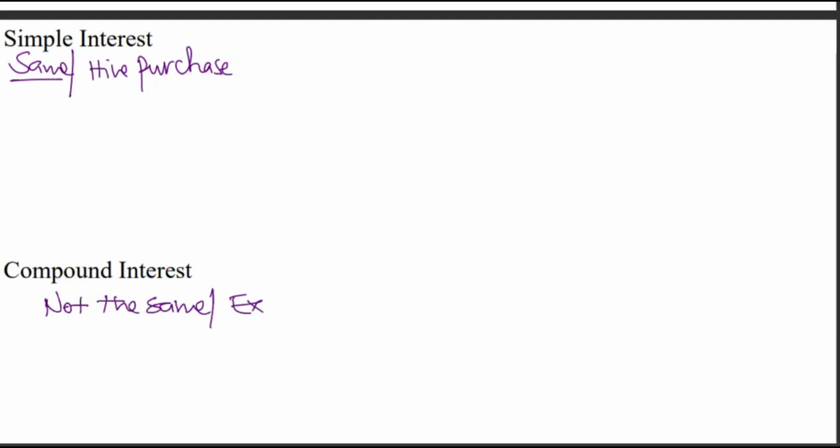Simple interest, we might have someone invests, let's say 5,000 at 5% per annum, which is PA. This is per year.